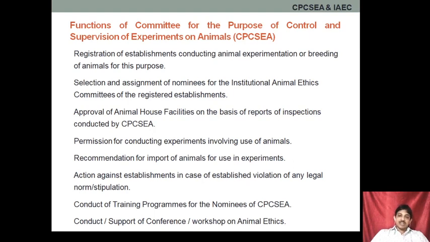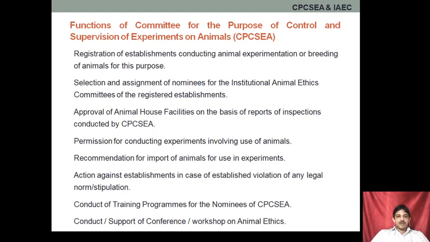In the case of large animals, if the committee is satisfied, then they will forward the project protocol to the CPCSEA for final recommendation.